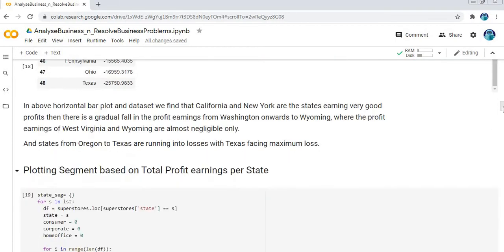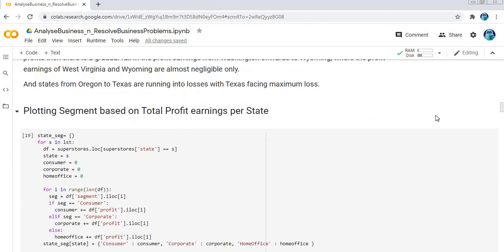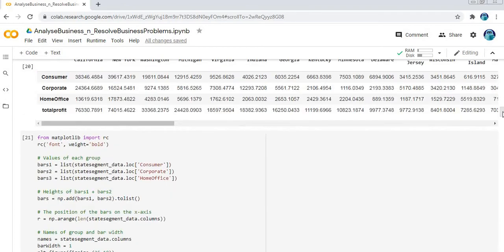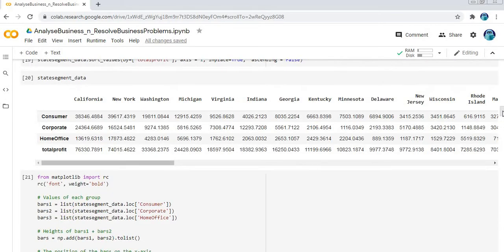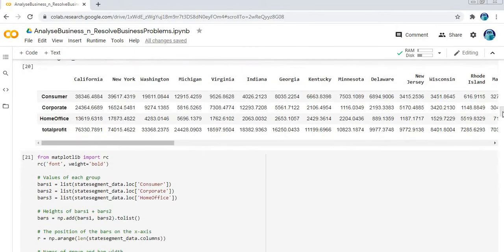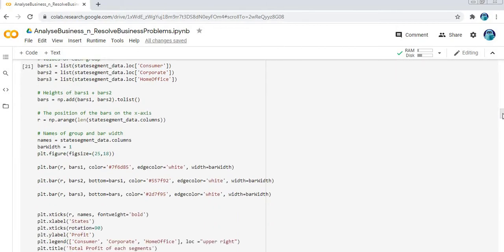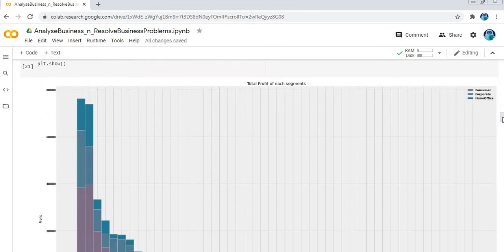So let's move forward. Let's plot the segment-based total profit earned per state. The segments are consumer, corporate and home office. This is the customized data set we are preparing for our plot, and this is the plot.